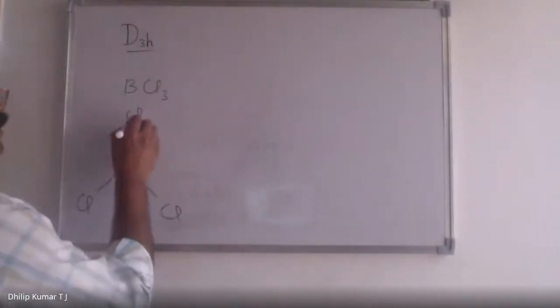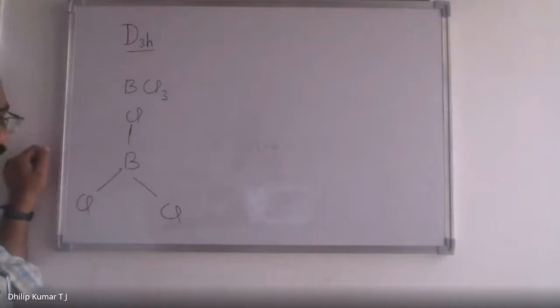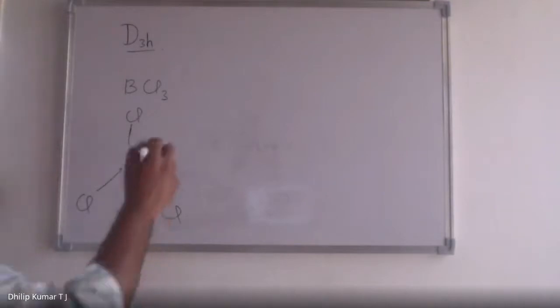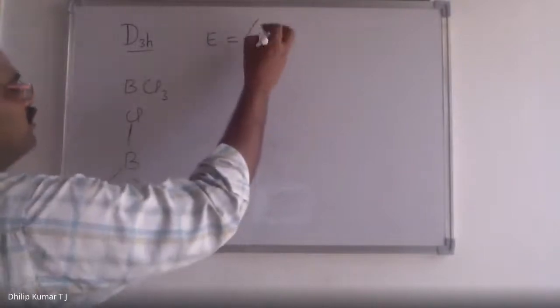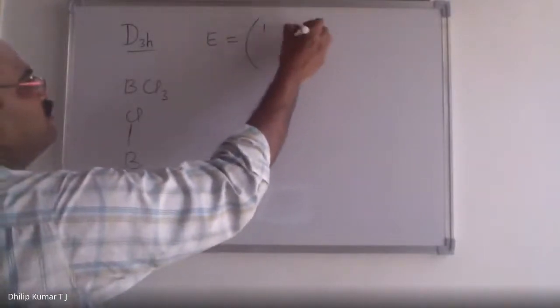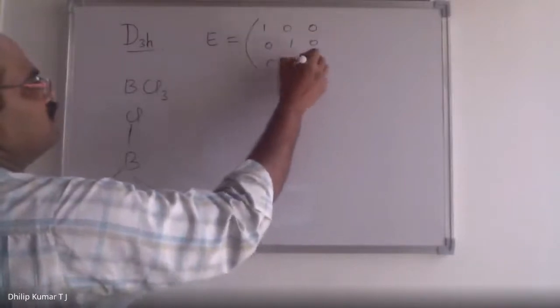So you consider the atoms, the bonds, the three vectors. You can say these three vectors you consider as basis, and then you can write the matrix, a 3 by 3 matrix. So E will be 1 0 0 0 1 0 0 0 1.